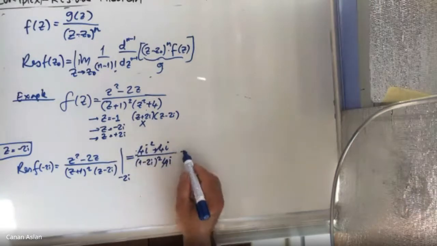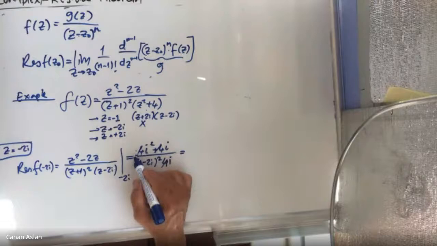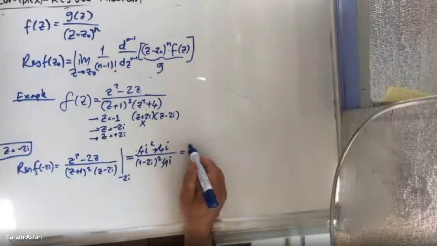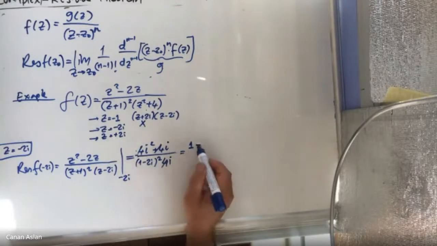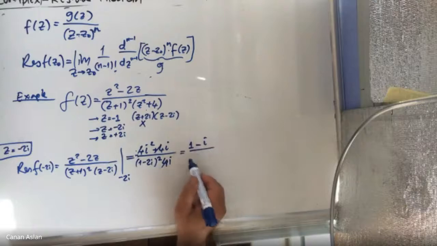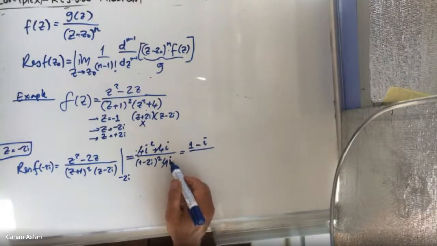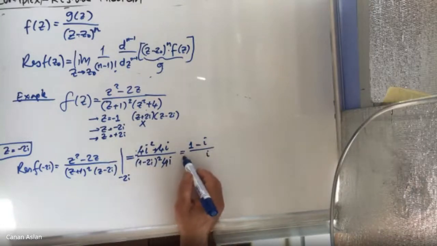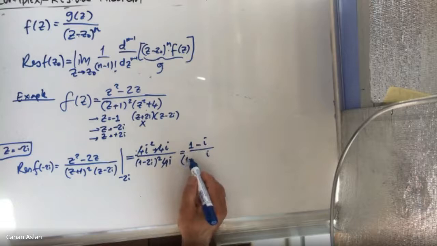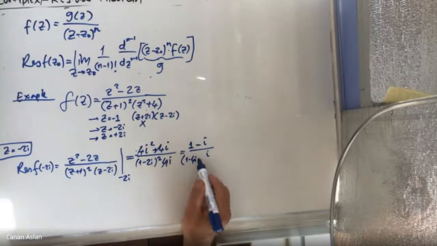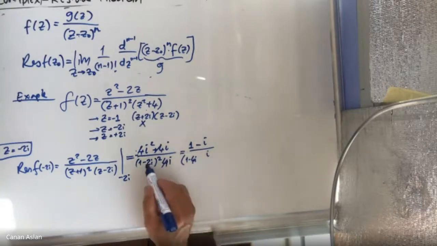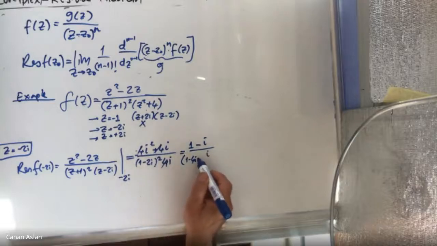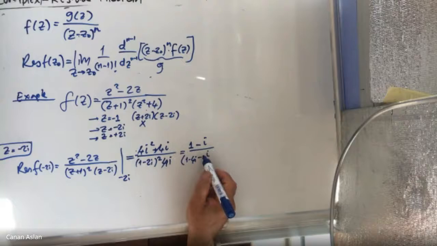This becomes -1, but by employing this minus sign inside, it's just 1, okay, minus i divided by, just everything is gone. There is i that you have to be careful with. So there is i on the denominator, and the square of this gives you just 1 minus 4i, okay. 4i squared will give you minus 4.